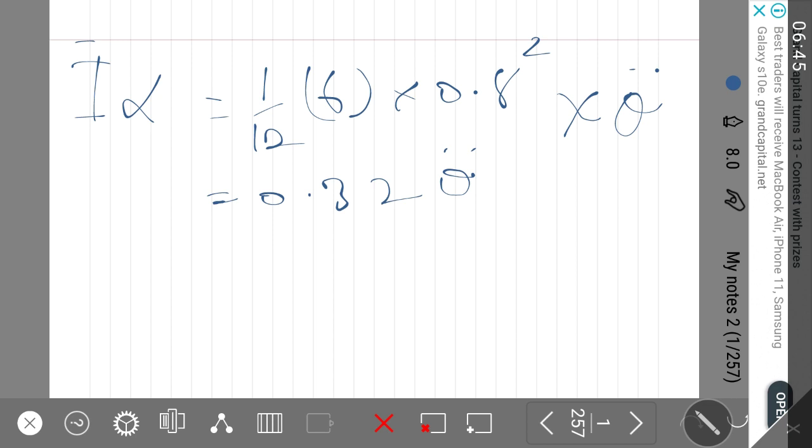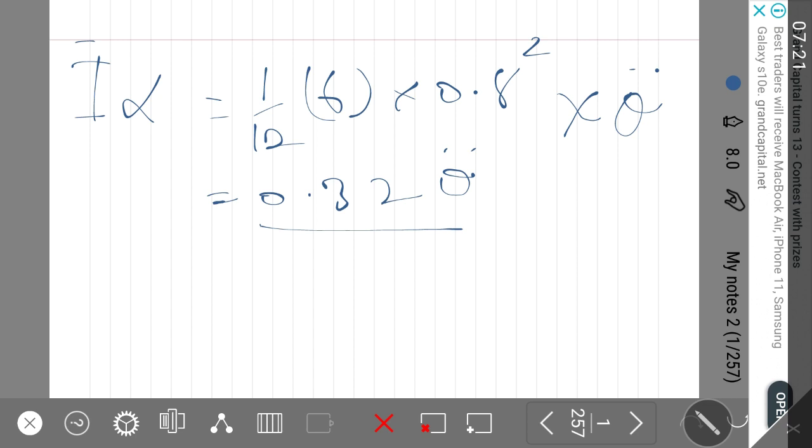Having gotten these things together, what we want to do next is to write the equation of motion. We've gotten the moment of inertia times the angular acceleration, I alpha. We've gotten the MA, that is the mass times the acceleration at the center of gravity, times the radius of rotation.